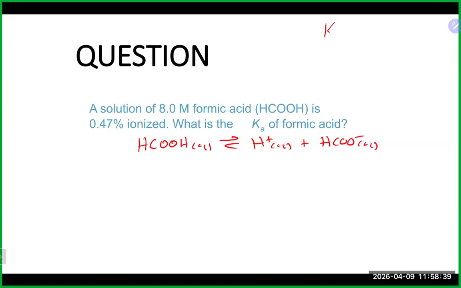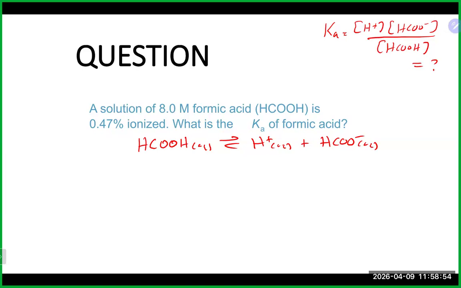And we can write our Ka expression for it, which, just like normal, is our products over our reactants. And that is what we're looking for.